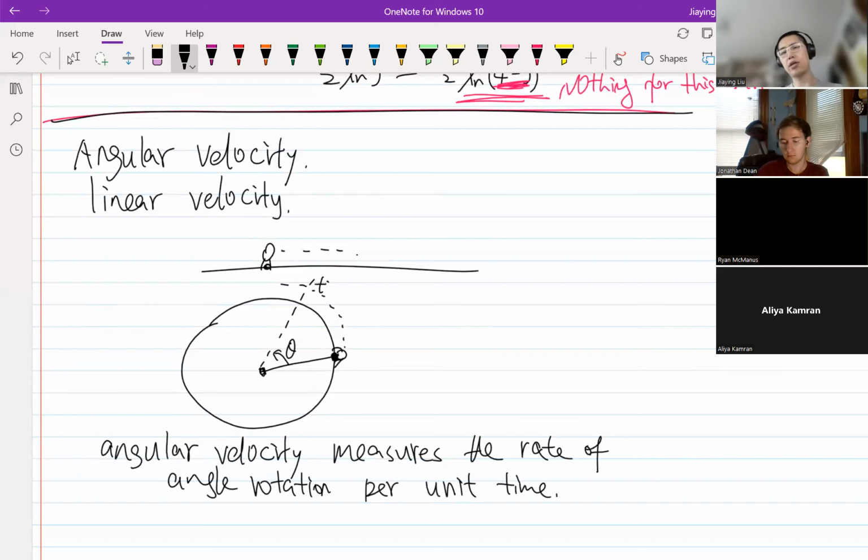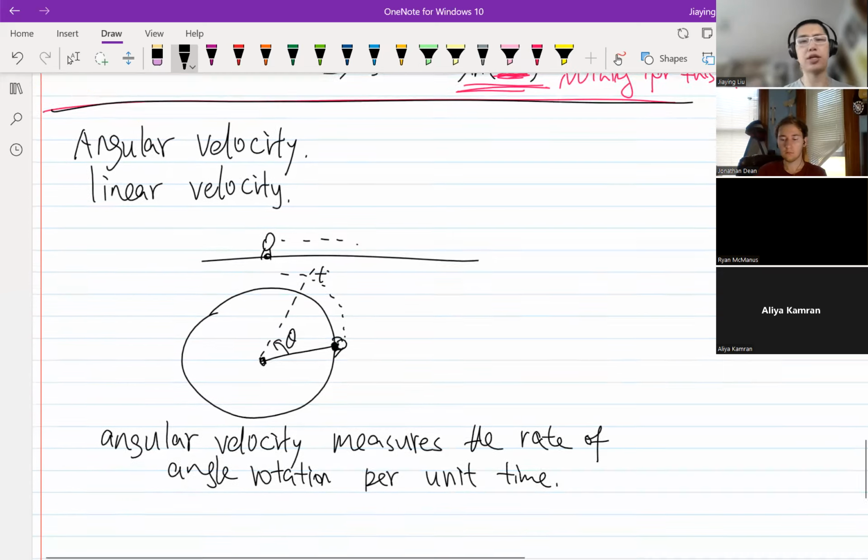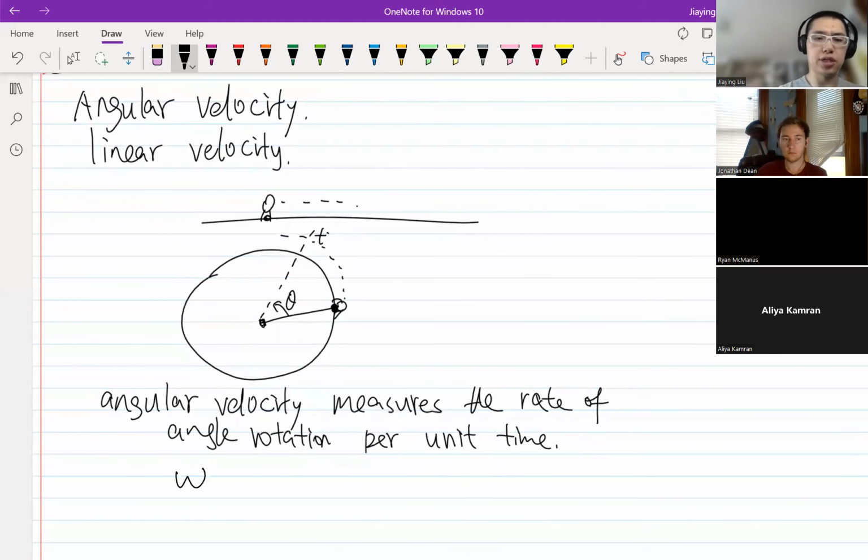So suppose the particle is traveling on this circle, and after t seconds, it covers this angle theta. So the angular velocity, this omega, sometimes w, is equal to theta over t. So it's really just the angle divided by time.